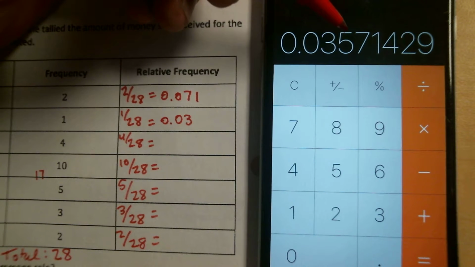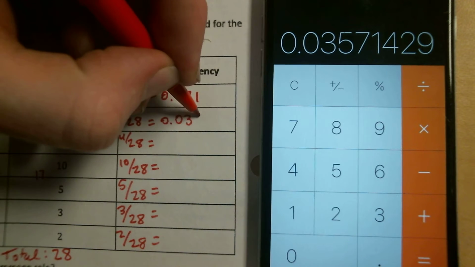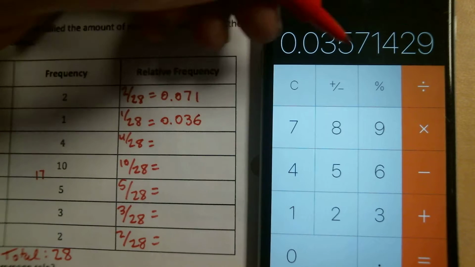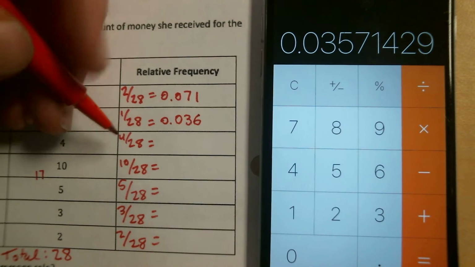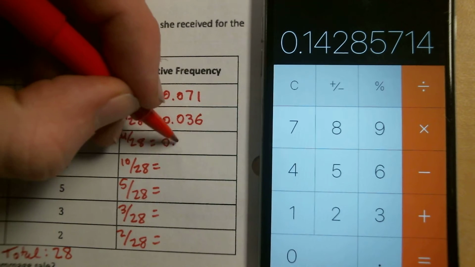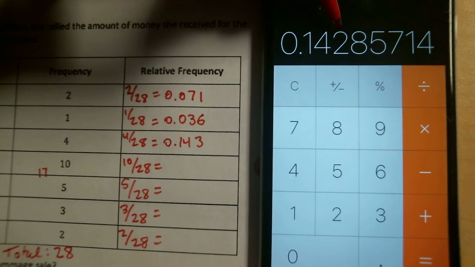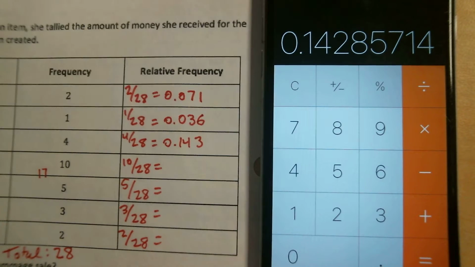The last digit is 5, and the next digit, the 7, tells us to round it up. 0.036. Right, 5 or more, it's a 7. Next one, 4 divided by 28. We get 0.143. Again, rounding up. We have 2, but the 8 tells you to round it up.